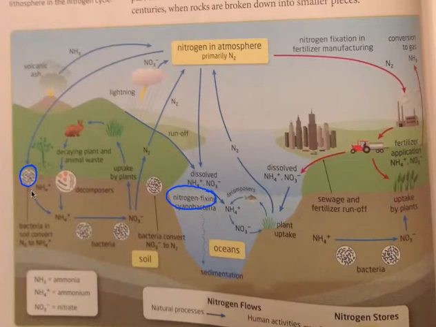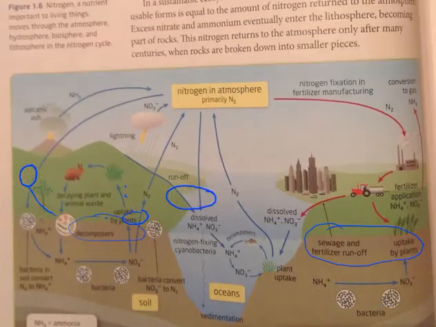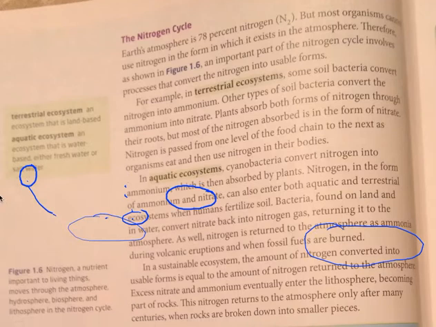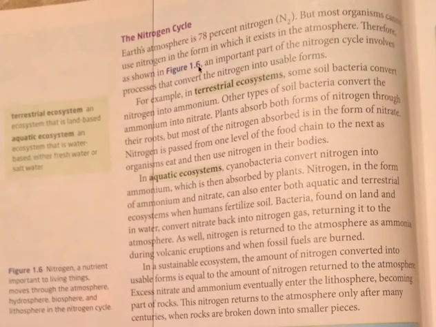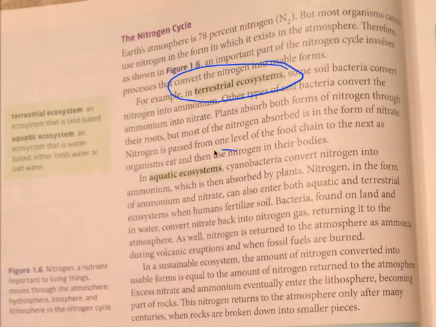And then the bacteria do a whole bunch of stuff. There's a whole bunch of other bacteria that change nitrogen to different forms. But the basic thing to think about is once it goes through the bacteria, we'll talk terrestrial. There are two terms to remember when we're talking about nitrogen: you have your terrestrial ecosystem and your aquatic ecosystem.